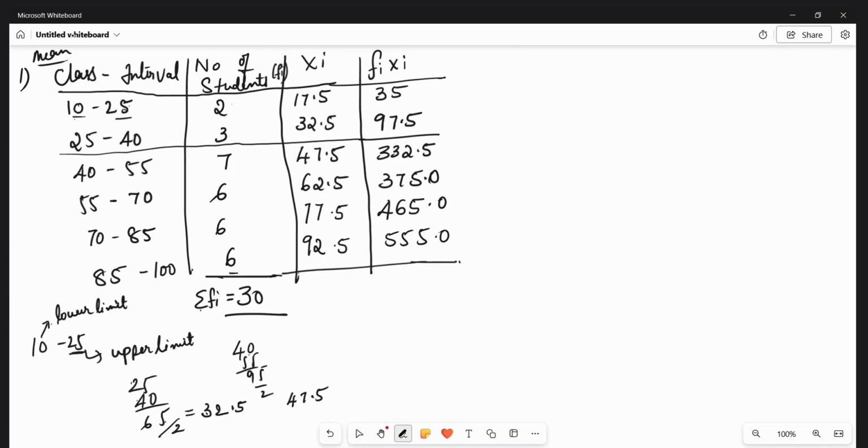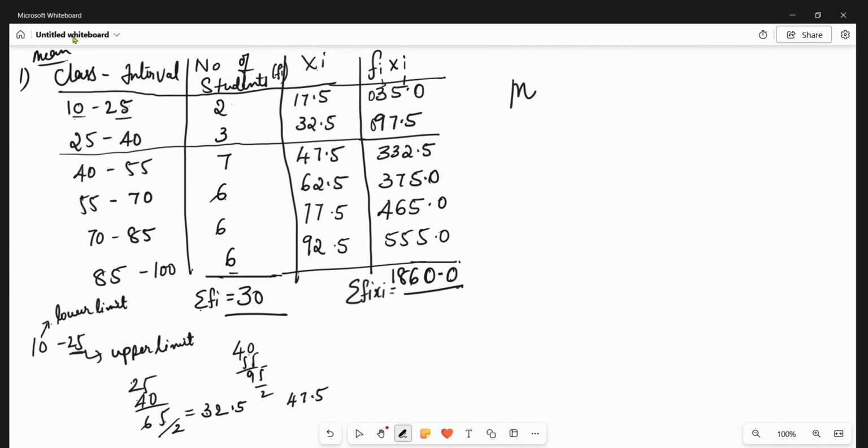Then fi into xi is what? Multiply the fi into xi, two columns: 2 into 17.5, then 3 into 32.5, here 6 into 62.5. Like that, you will multiply. Now you have to calculate sigma fi into xi, that is, add all these things. If you add, how much will you get? 1860.